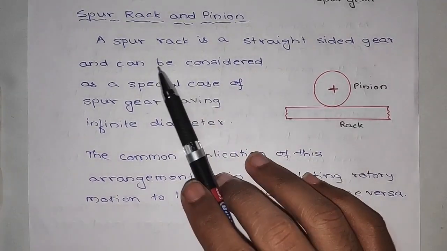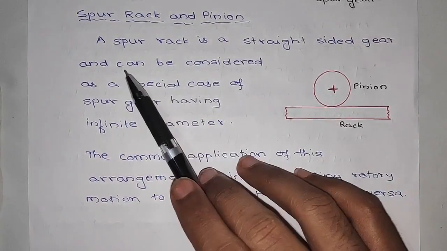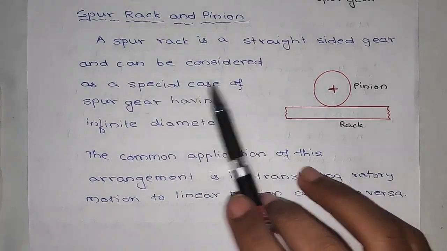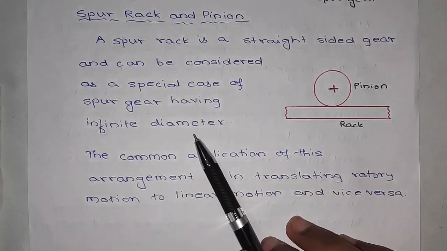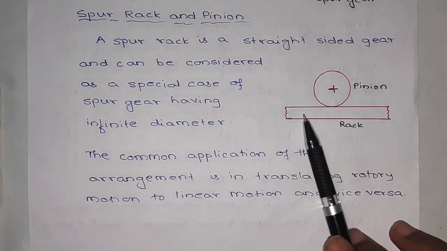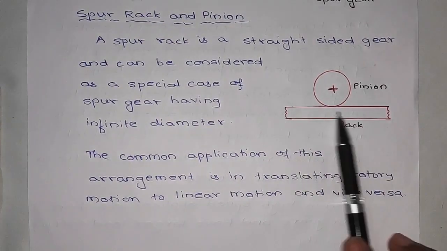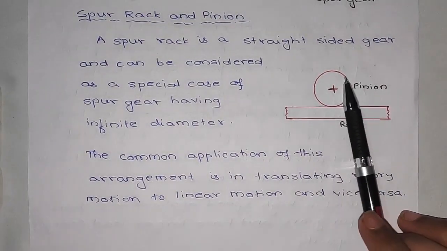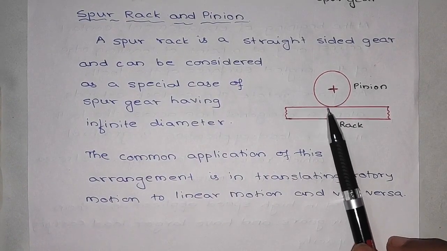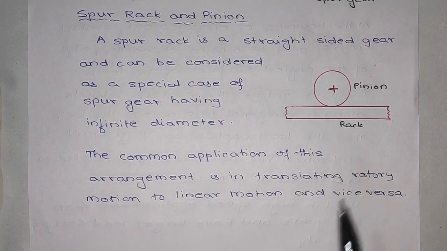A spur rack is a straight sided gear and can be considered a special case of spur gear having infinite diameter. So the gear will have an infinite diameter, so it will be almost a straight line, and to this there is a meshed pinion, which forms relative motion with each other.